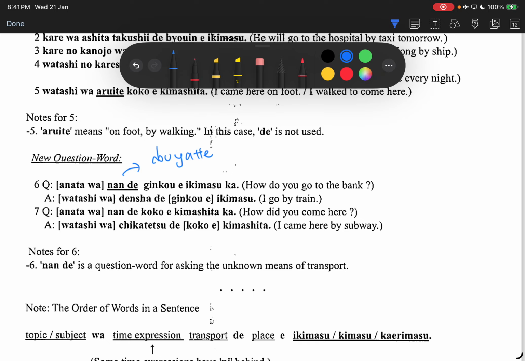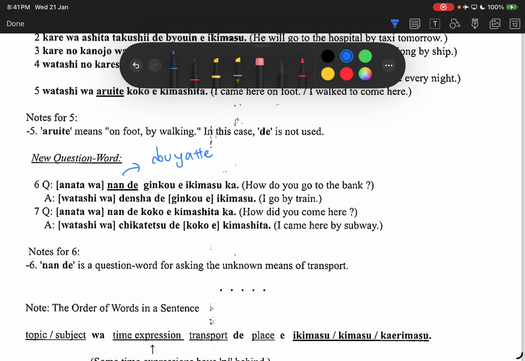So when you ask the question なんで銀行へ行きますか? the listener might misunderstand your question. Instead of by what you came, they will think of it as why you came to the bank. So to prevent miscommunication, you should use how, which is doyatte.